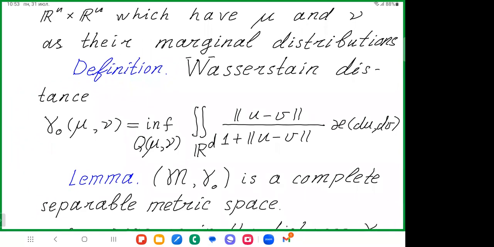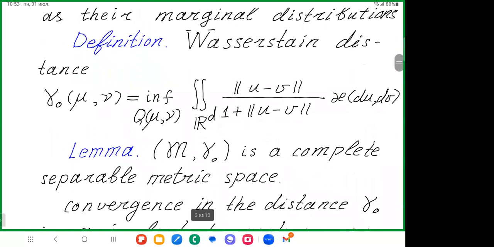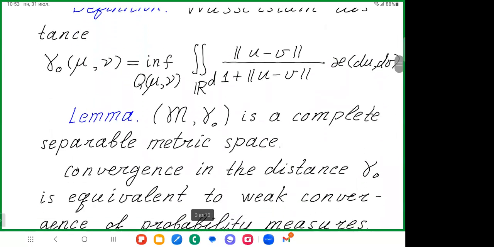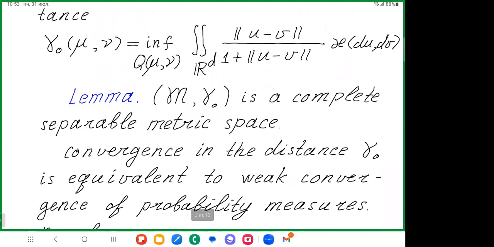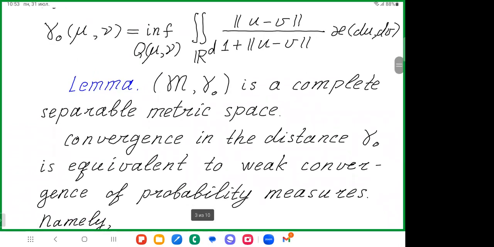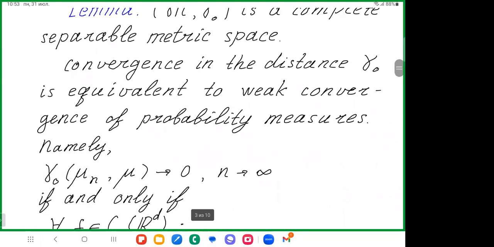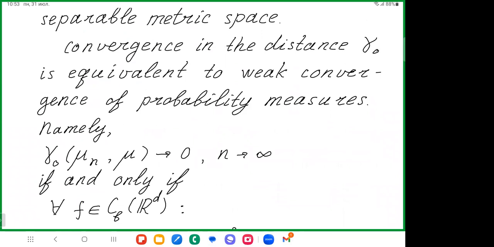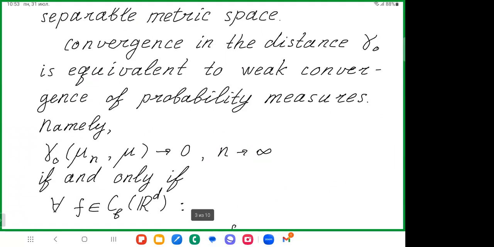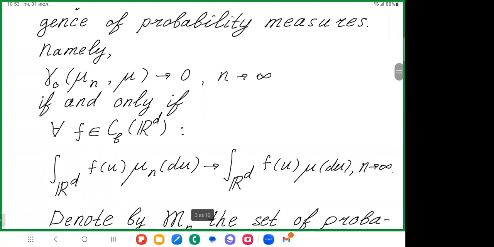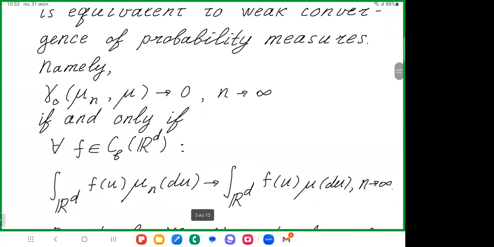So let's go further. It turns out that convergence in the distance gamma_0 is equivalent to the convergence of probability measures. Namely, gamma_0(mu_n, mu) tends to 0 if and only if for all f which are continuous and bounded, the integrals of f with respect to mu_n tend to the integrals with respect to mu when n tends to infinity.